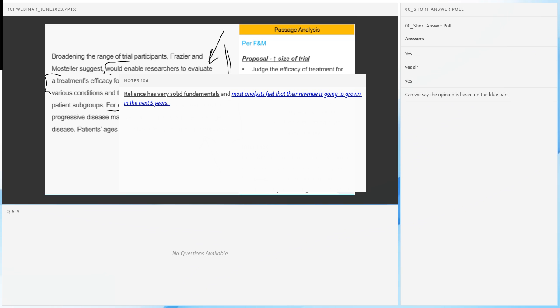Can we say that the opinion is based on the blue part? No, absolutely not. In reality, it's the reverse causality.